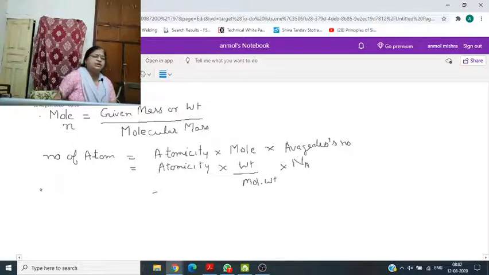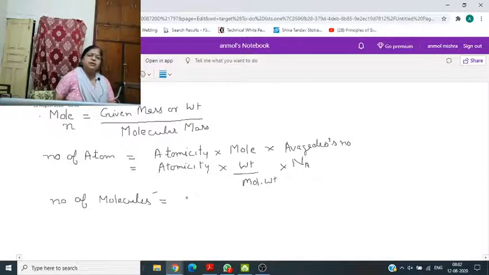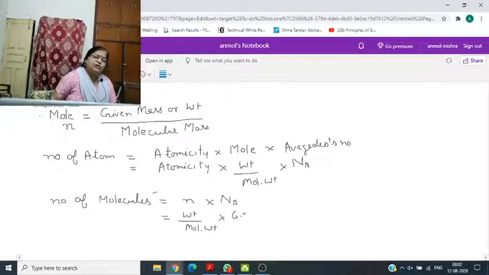Now third formula we can use is the number of molecules. For number of molecules, atomicity will be eliminated. The formula will be small n into capital N. So it will be weight upon molecular weight into Na value, 6.023 into 10 to the power 23.